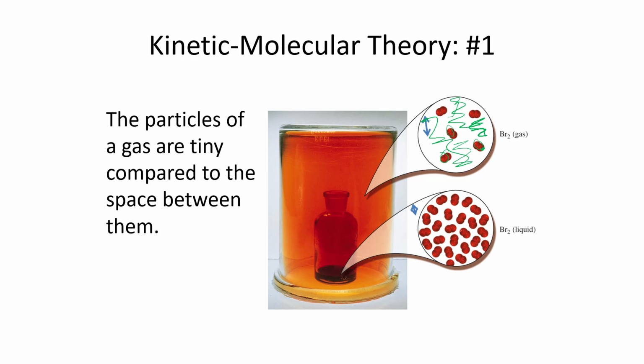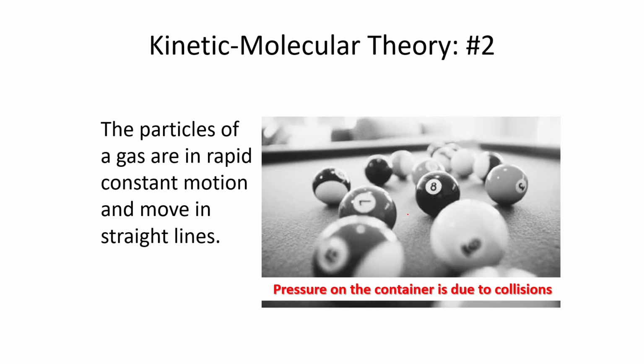Whereas if you have a liquid, everything's a whole lot closer together, and so now we're thinking more about the volumes that the liquid themselves take up. It's sort of like in atomic theory: is the volume of an electron really that important compared to the volume of the entire atom? No, electrons are teeny tiny. So the size of these individual atoms is not important to the total volume of the container.